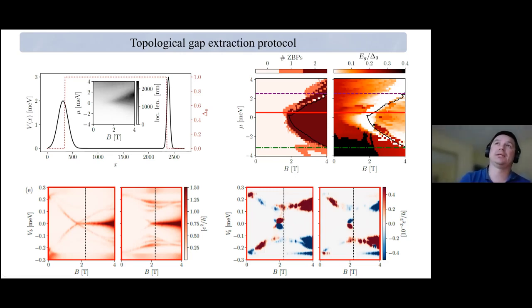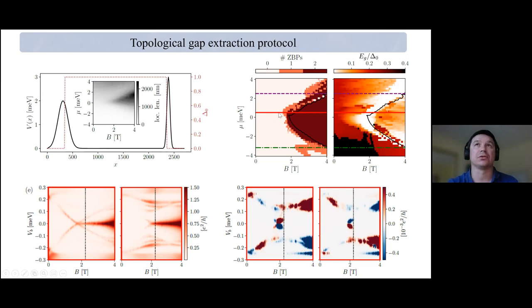So in this plot, I have 3 different lines. Let me start with the red solid line and explain this first. So this is the topological regime. We numerically checked that the localization length is longer than the topological coherence length. So that's good.